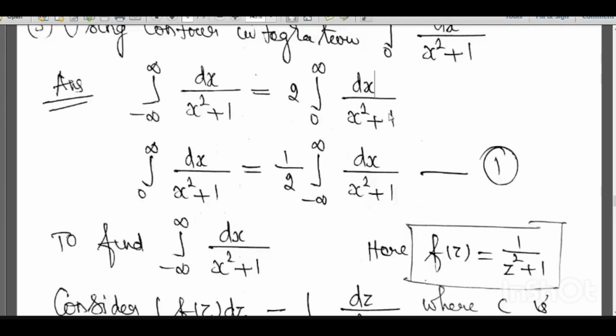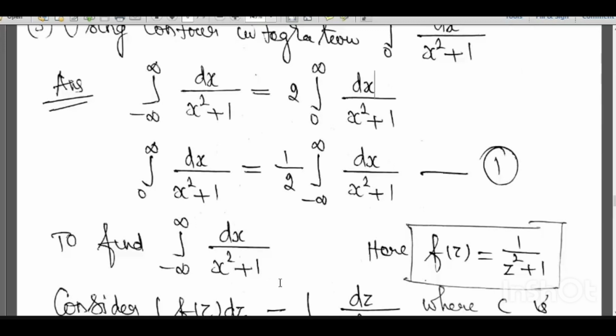Take this as equation number 1. If you want to find the value of the contour integration for the integral from 0 to infinity of dx divided by x square plus 1, which is equal to 1 by 2 integral from minus infinity to plus infinity of dx divided by x square plus 1.